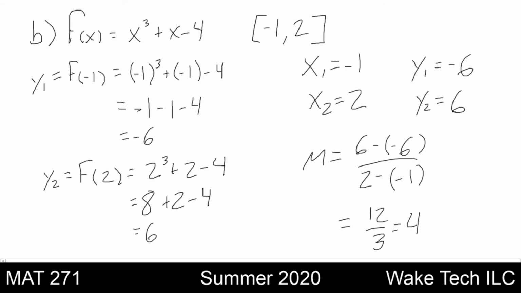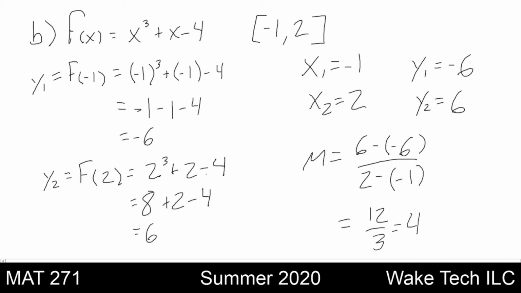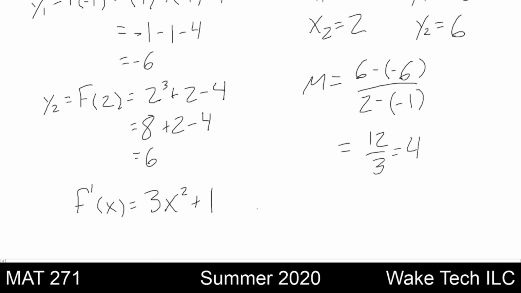Alright, so we found our slope. Now we need to find out where does the derivative of the function equal that slope. First, we have to find the derivative of the function, f prime. F prime of x would equal 3x squared plus 1. Notice, the 4 goes away because it is a constant, and derivatives turn constants into 0.